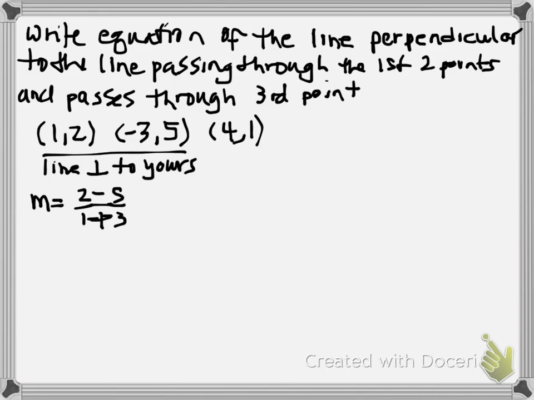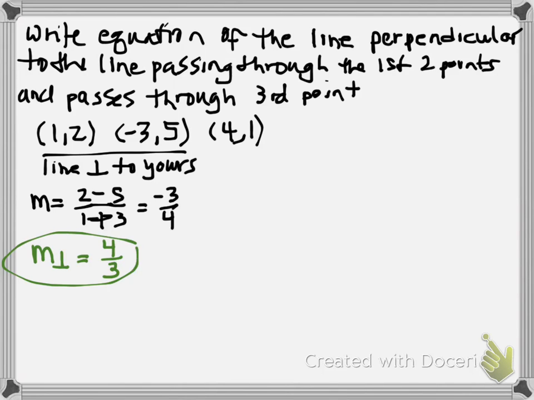Got a double negative, so we'll make that a positive. So we get negative 3 over 4. And then you are going to find the slope perpendicular to that. So your slope has got to be an opposite reciprocal. So what would it be? It would be positive, opposite signs, and reciprocal 4/3.